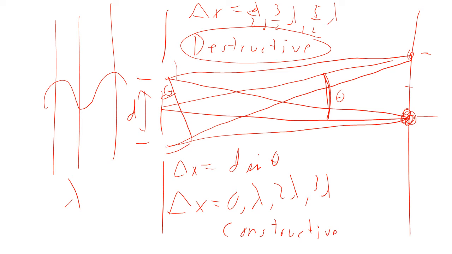So that means you're going to shift it a little bit in the middle, bright spot, then dark, because now we got destructive interference. The path length is half of a wavelength. Then you get constructive interference. The path length is one wavelength. Then destructive interference. The path length is 3/2 of a wavelength. Then constructive interference. The path length is 2 wavelengths, and so forth. So it would alternate bright, dark, bright, dark.